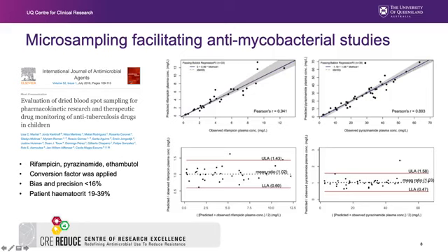As you can see for rifampicin, indeed, they've got a little bias. And then the next thing we're looking for is our upper and lower limits of agreement. The Bland-Altman says that 97% of our data has to fall within these two lines of agreement.